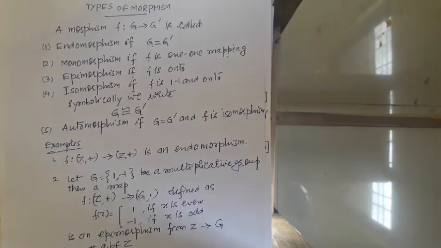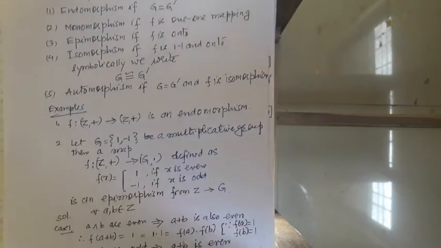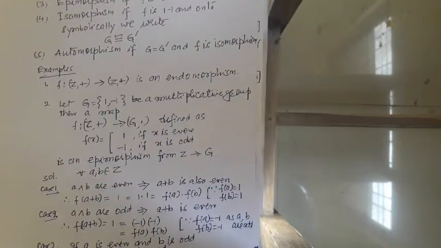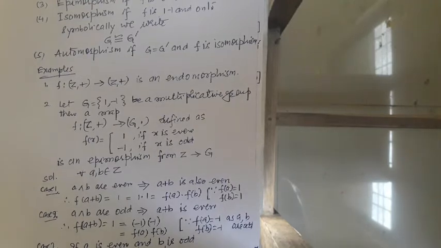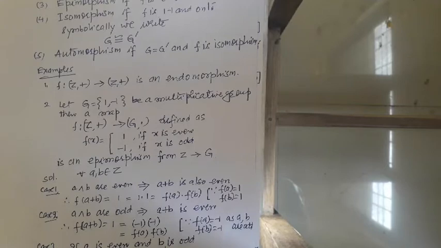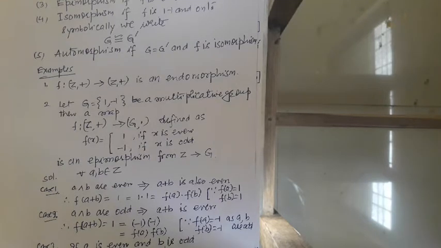Now we define some examples here by which the concept will be clear. f is a function from Z plus to Z plus.